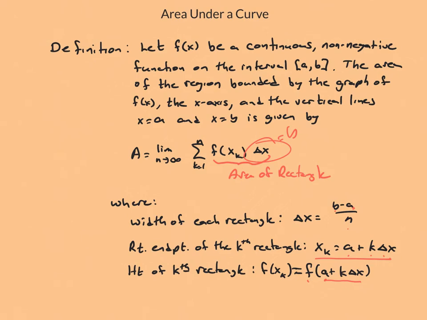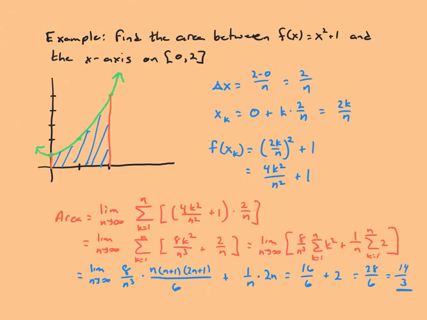So now let's take a look at the problem we were just working on, where we want to find that exact area. The first thing I need to do, and I went through and did already, is find delta x. Because I'm using n rectangles, delta x is going to be 2 minus 0 over n, which is 2 over n.